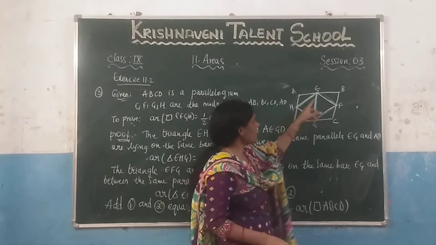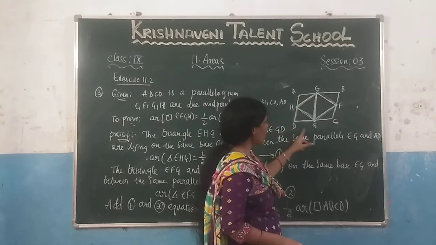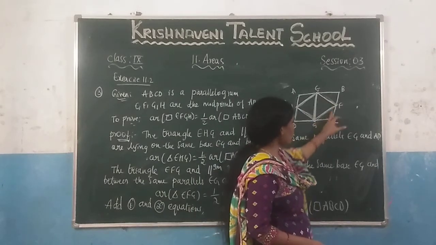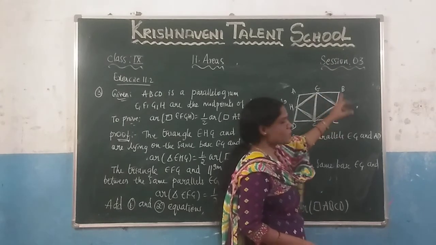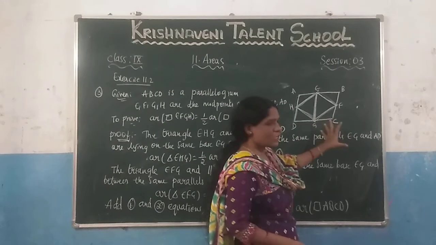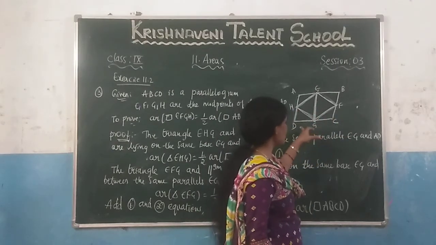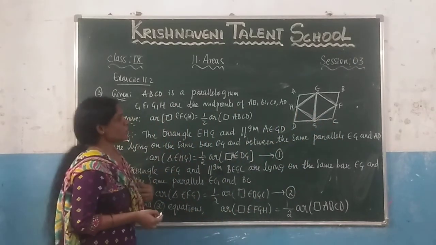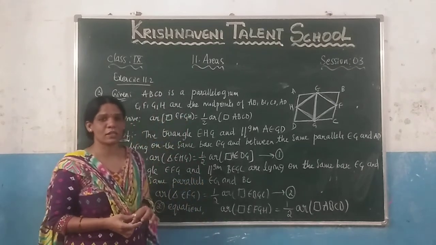So we got that the area of the triangle EHG is equal to half times the area of the parallelogram AEDG. Similarly, the area of the triangle EFG is equal to half the area of the parallelogram ECBG. If you add these two, you get the area of the parallelogram EFGH equal to half times the area of the parallelogram ABCD. So this is the theorem. Now in the next session we are going to solve the remaining problems.